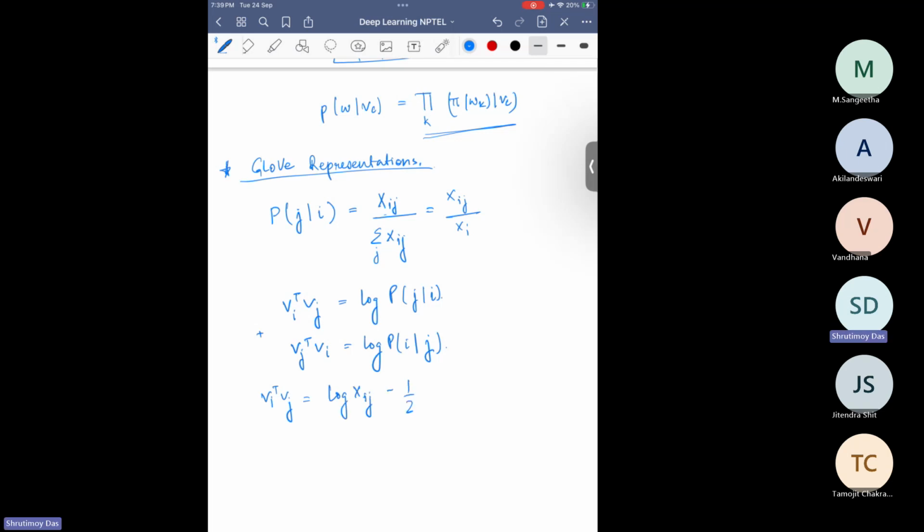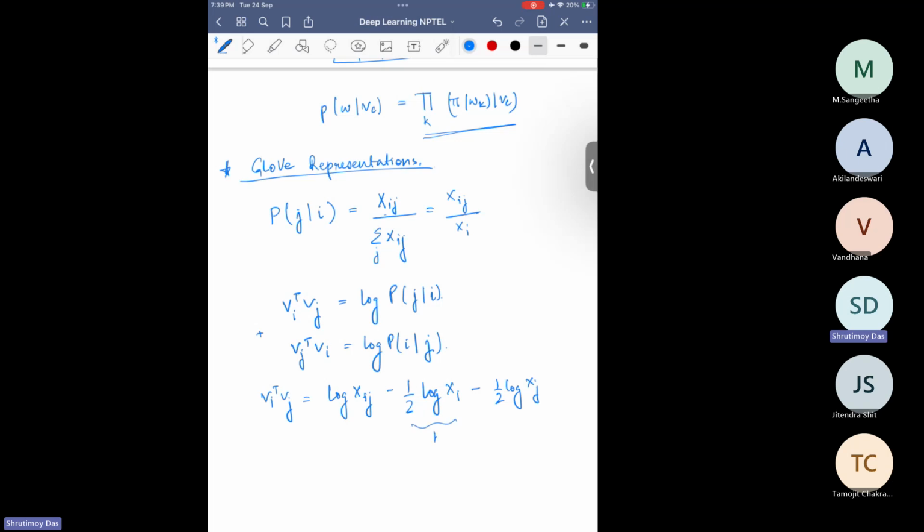These are just some basic algebra. Let's just say that we do not know what these total counts are, because that again amounts to looking over the whole data set.